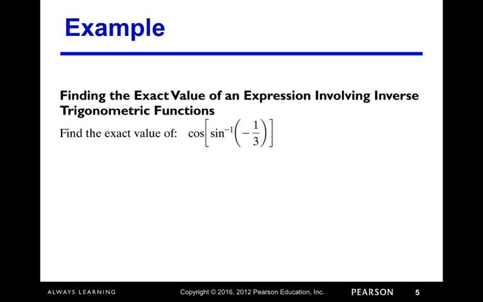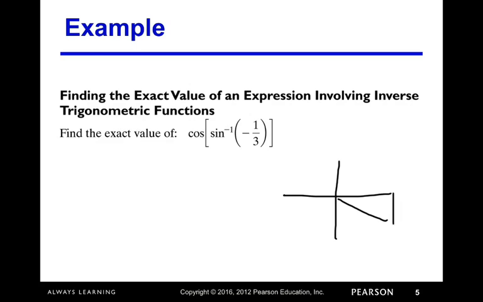So here, find the exact value of the cosine of the angle that has a sine of -1/3. So first thing you're going to do is draw your graph. The angle that has a sine of -1/3, sine is between -pi/2 and pi/2. If it's negative, then it's down here in the fourth quadrant.